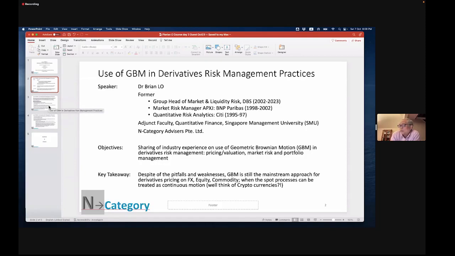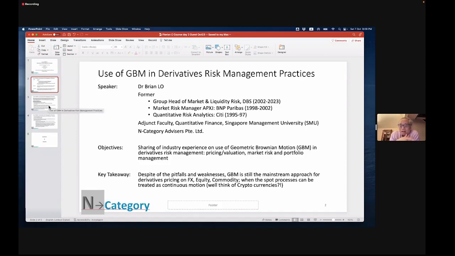And to start with, probably this is a conclusion as well. There are a lot of pitfalls and weaknesses and attacks on geometric Brownian motion. It doesn't depict fat tails. It doesn't depict volatility clustering.